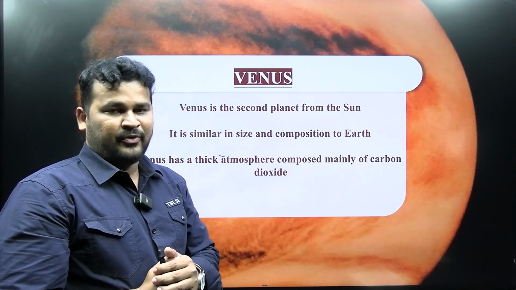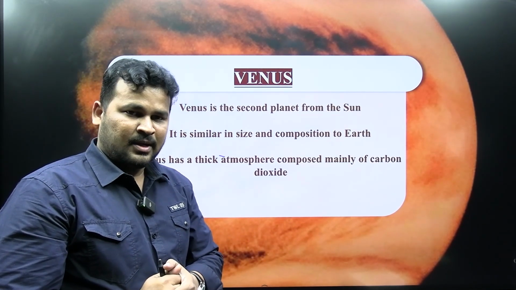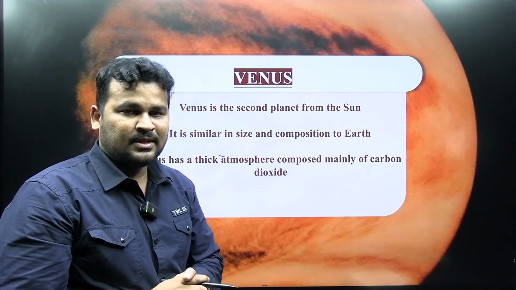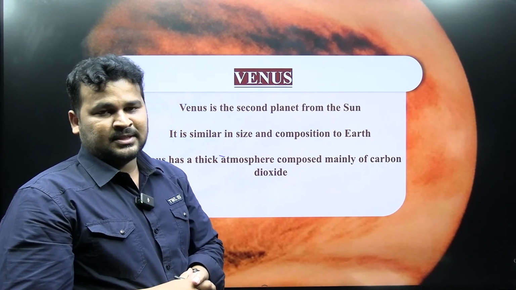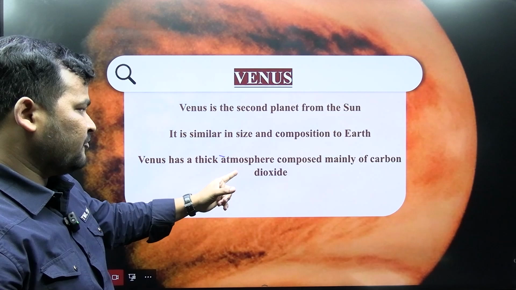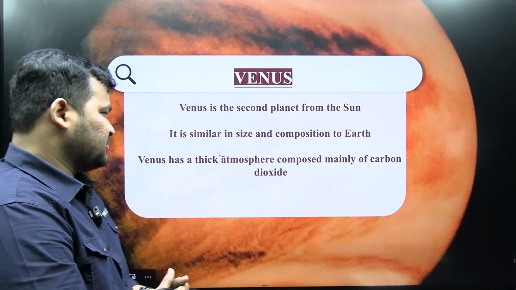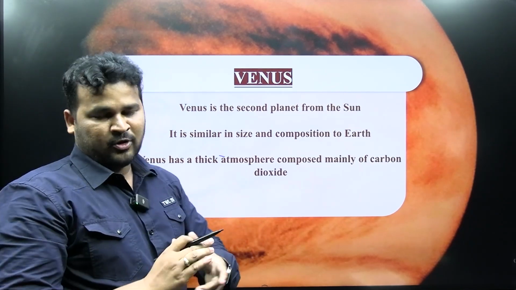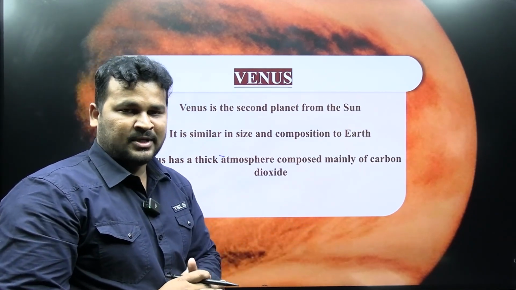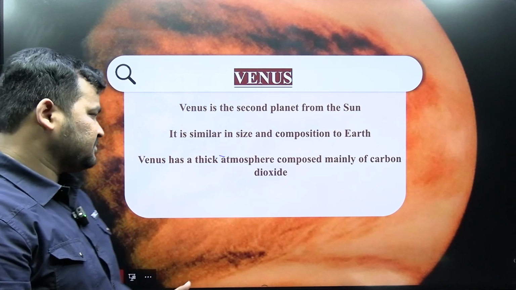In our Earth, we can find nitrogen, carbon dioxide, carbon monoxide, inert gases, and oxygen as well. But here we can't find an atmosphere similar to the Earth. It is composed of carbon dioxide, but not nitrogen and the important oxygen gases.